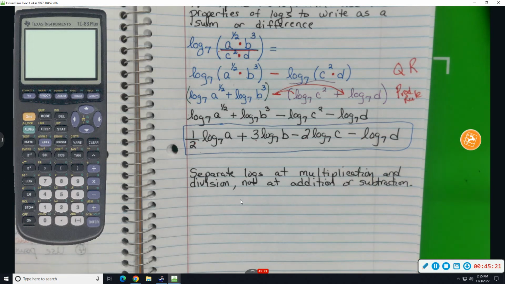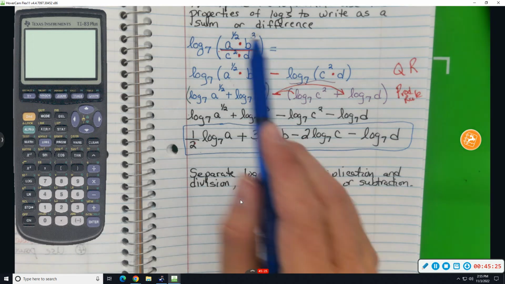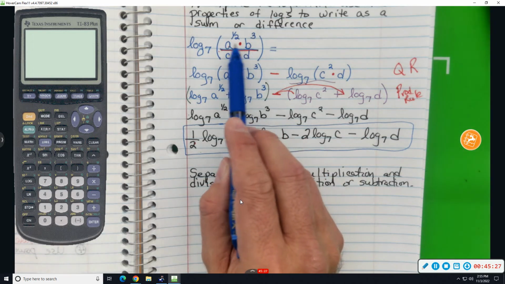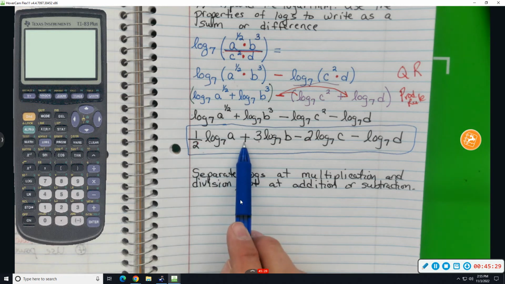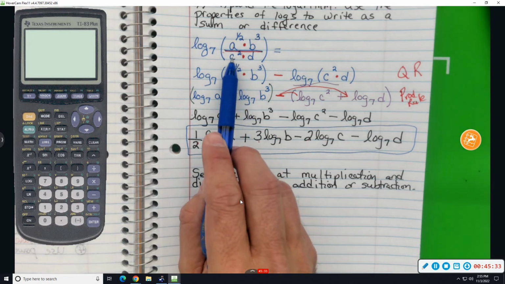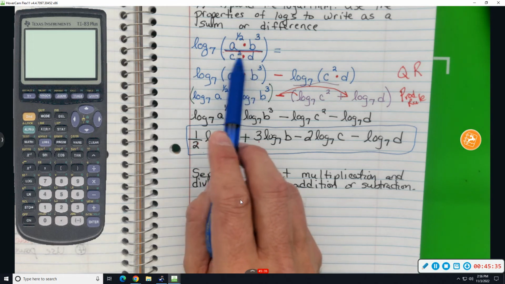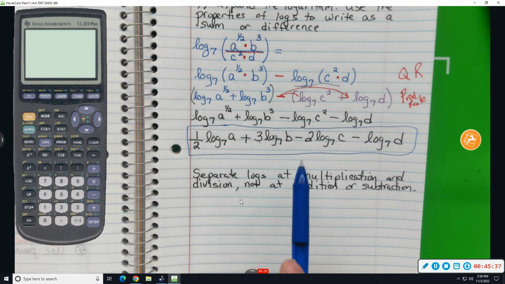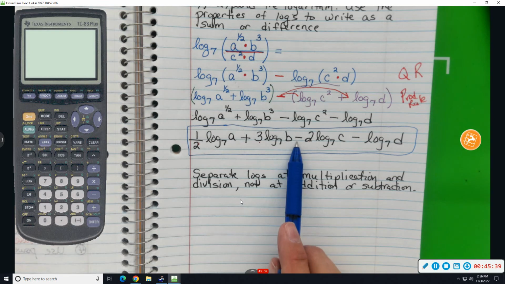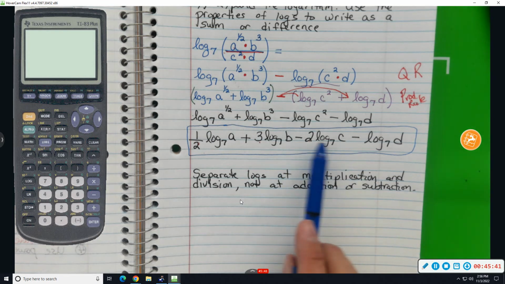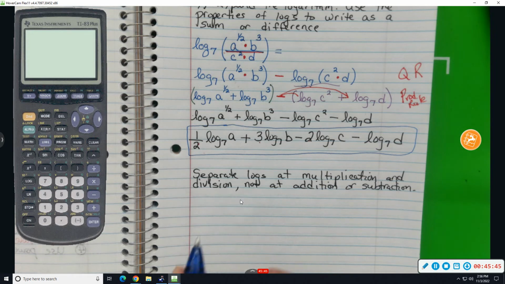Now look at the signs, the pluses and minuses. The stuff up on top, those are positive, you see, plus. But to really get the pattern, the stuff on the bottom has what sign? Plus or minus in front of it? Minus. So to separate them, you separate them at multiplication and division.